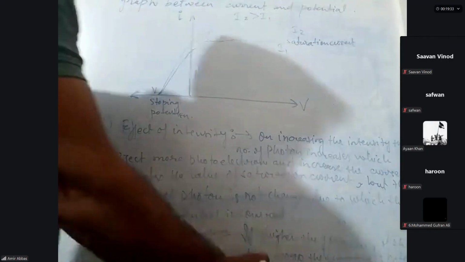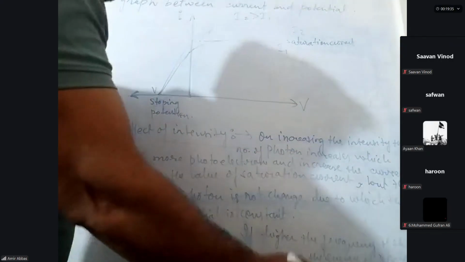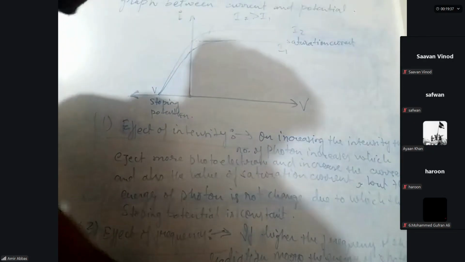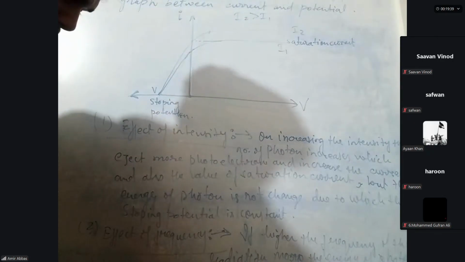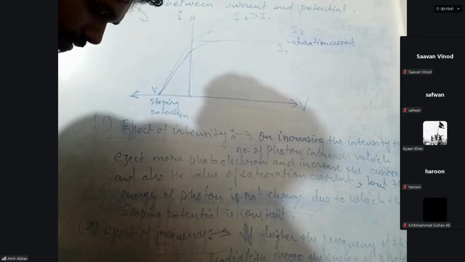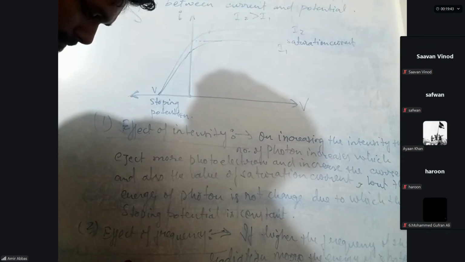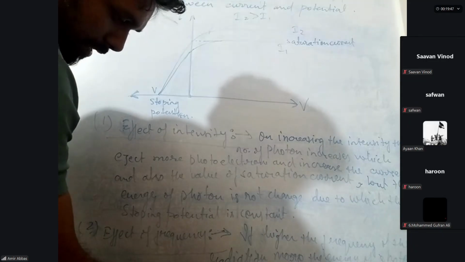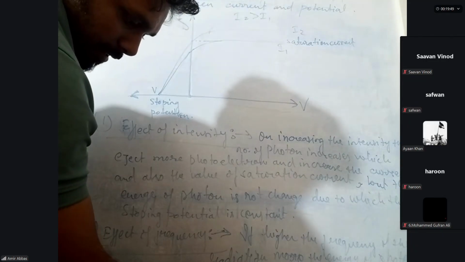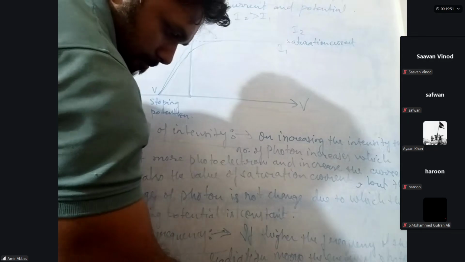Have you got that here? If there is more energy of the photon, it means more kinetic energy of the electron, then more kinetic energy of the electron.